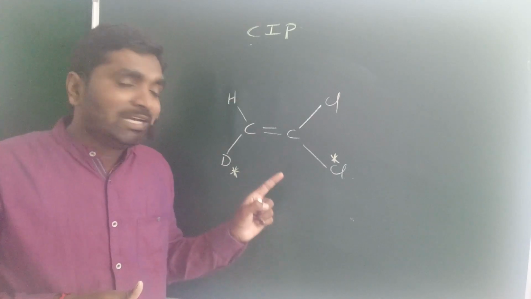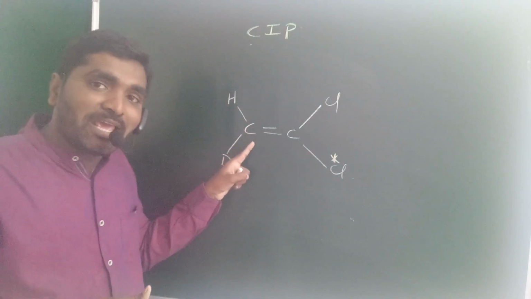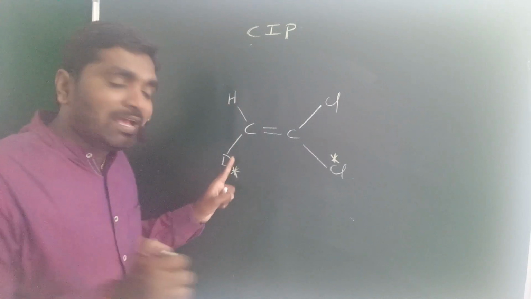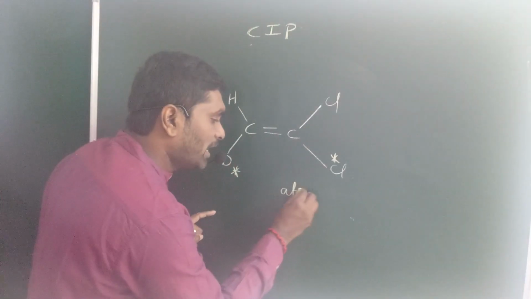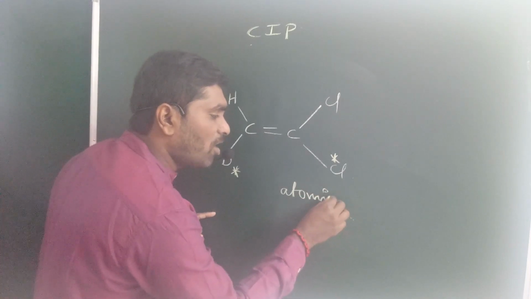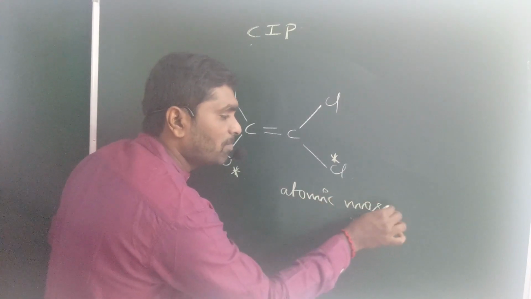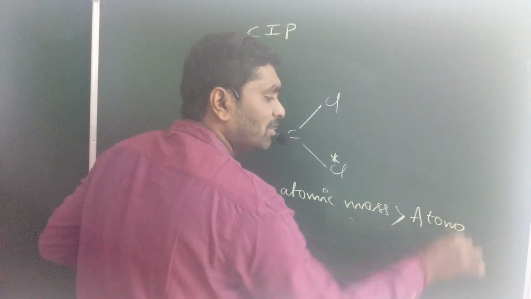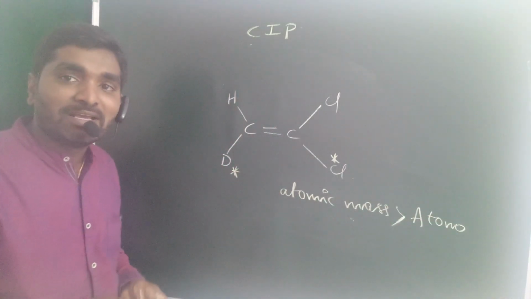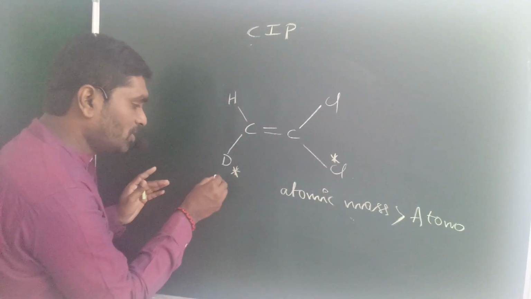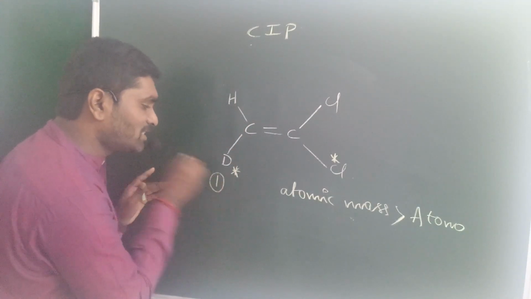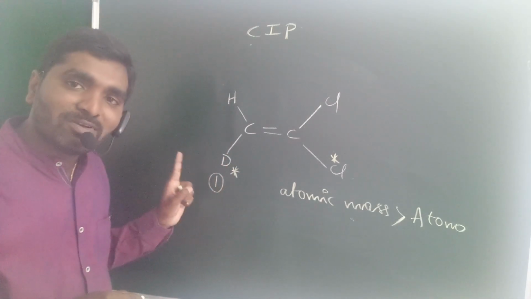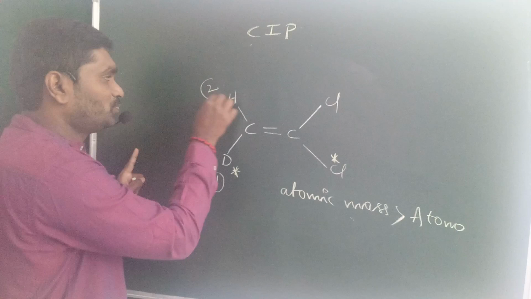By that time, if the two atoms present on the same carbon are isotopes, then atomic mass is the dominating factor when compared with the atomic number. Among hydrogen and deuterium, deuterium always gets more priority when compared with hydrogen. So deuterium is 1, hydrogen is 2.